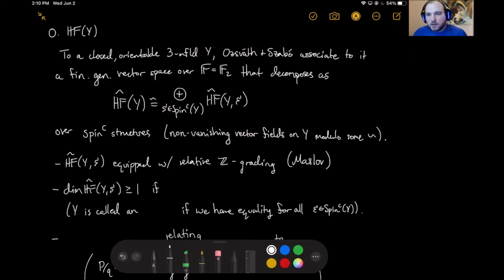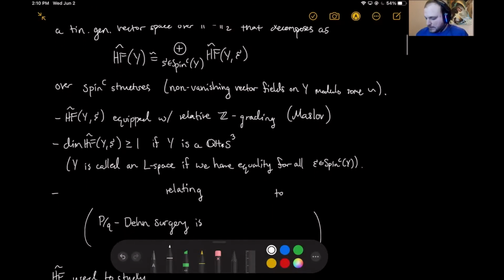There's a non-triviality result that the dimension is greater than or equal to 1 for each spin^c structure if Y is a rational homology sphere. And when you have equality for each spin^c structure, Y is called an L-space. This is generalizing the situation for lens spaces.